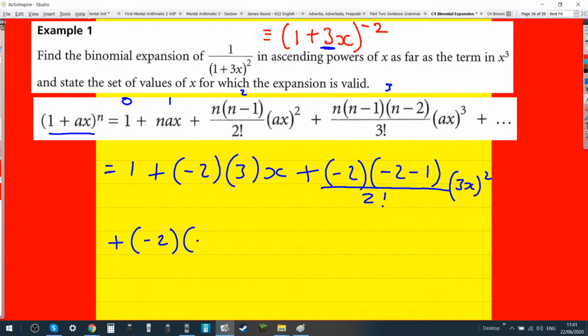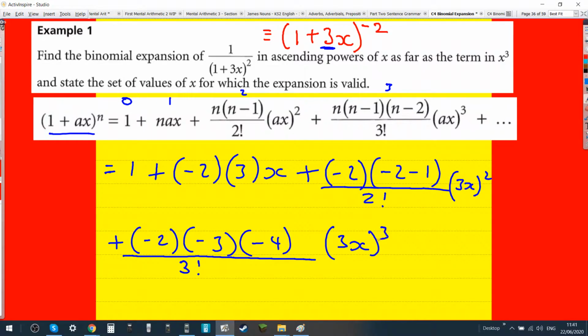I'll write it as -2, -3, -4. It's basically gone down by 1 each time. And over 3 factorial, ax cubed, so 3x cubed. That's it. So first term is 1.